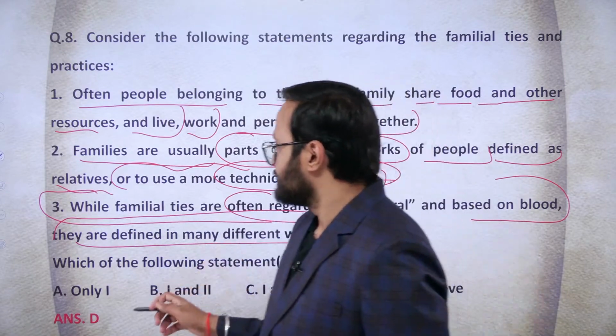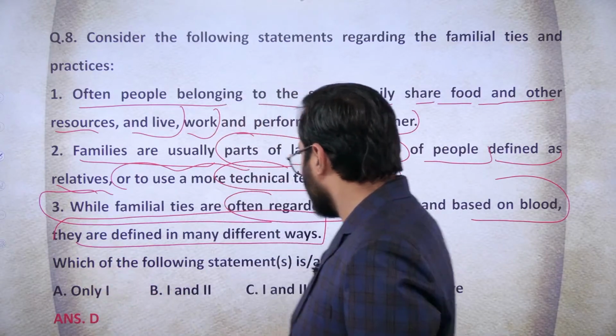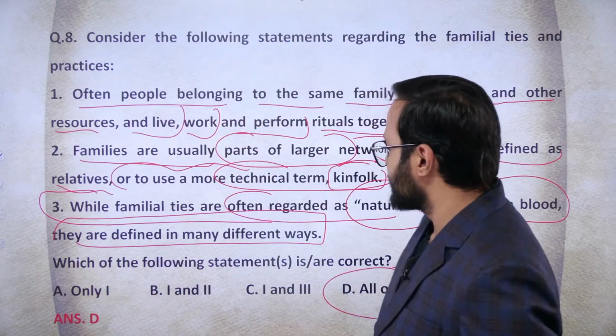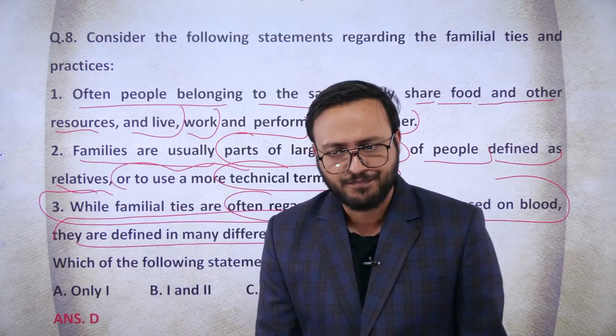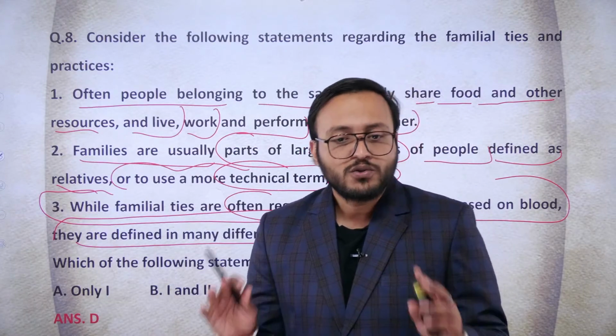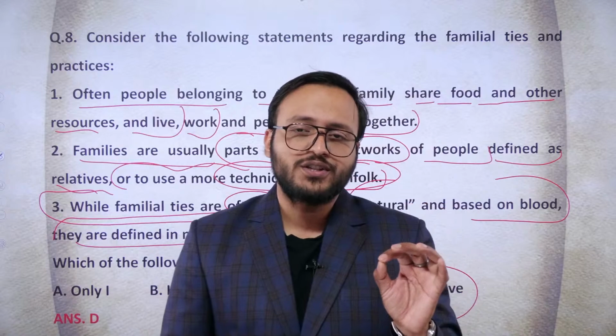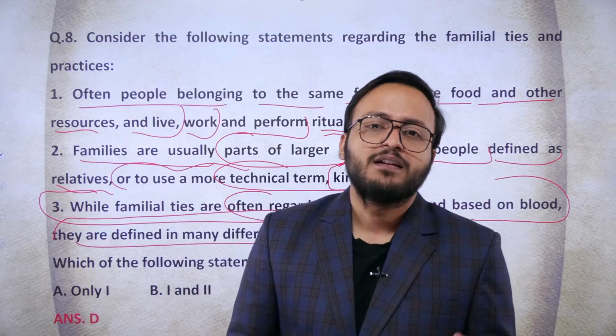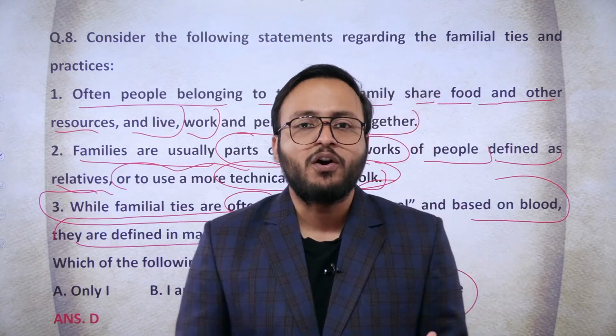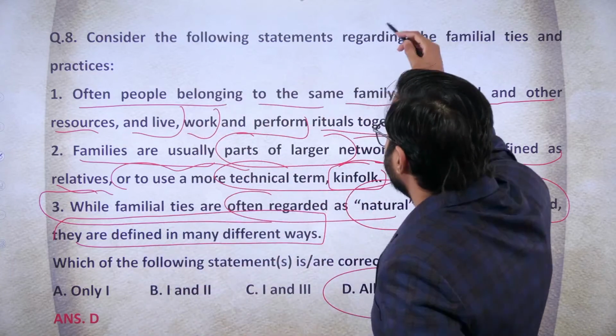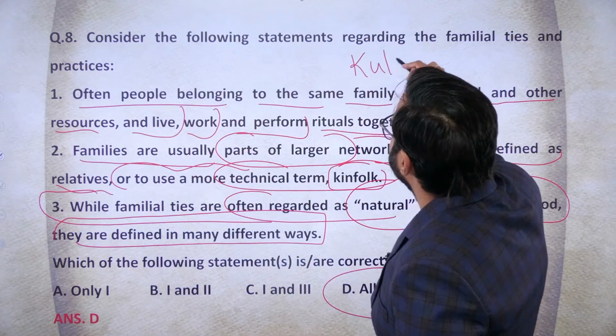Now, basically all of the above statements should be correct, right? Obviously they are correct. Here the question is actually trying to explain the meaning of the family, or the kul. Do not forget to use the term kul.